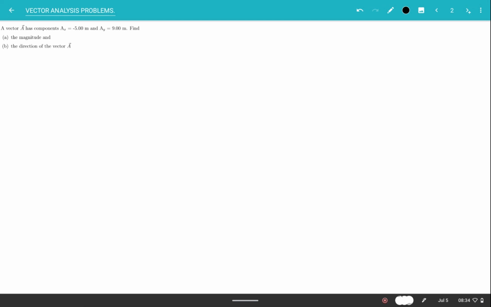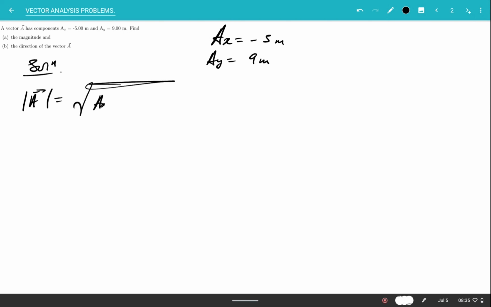Alright, so in this question, we've been told that a vector A has the following components. It has the x component to be minus 5 meters and the y component to be 9 meters. We've been asked to find the magnitude of this particular vector. Alright, so all we're supposed to do is to use the formula. Magnitude of vector A is equal to the root of ax squared plus ay squared.